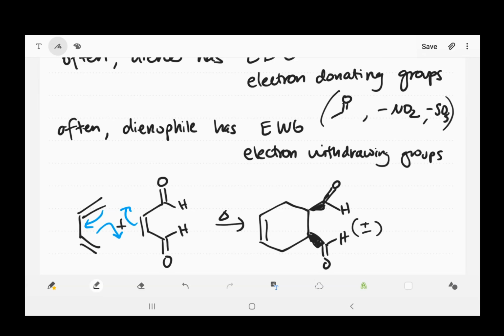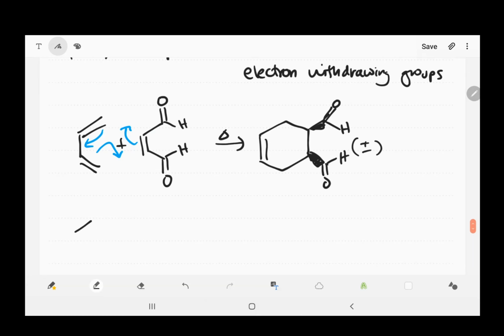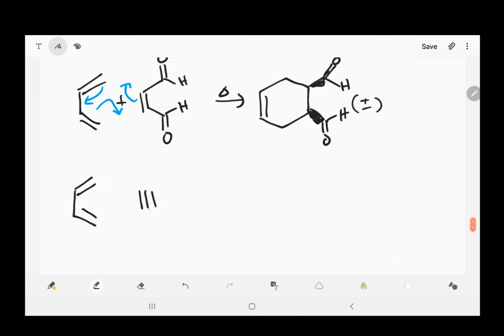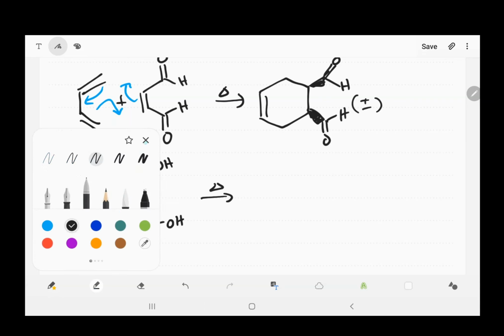You can do it with alkynes as well. No reason not to. Your dienophile can be an alkyne. Let's say now we have this guy. Have this happen too. Same thing. Arrows are moving the same way. We're going to make our six-membered ring.